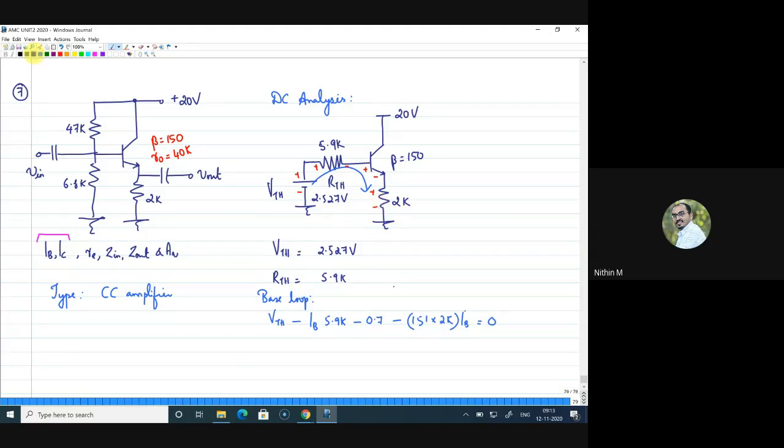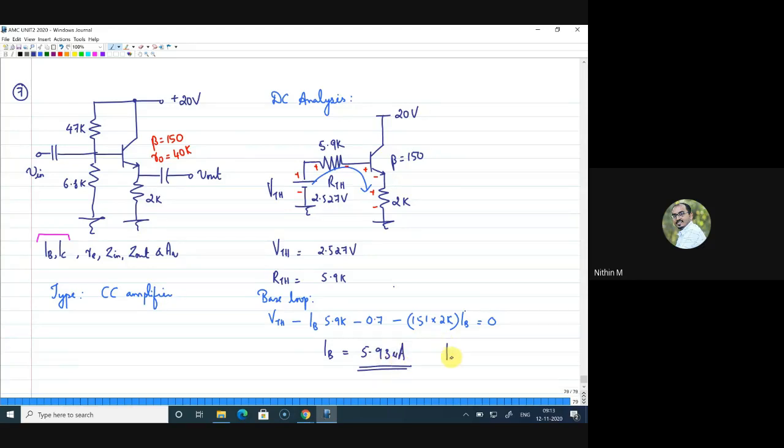If you get the IB value after solving this, let me know; you can post in the chat box. IB is 5.93 microamps.